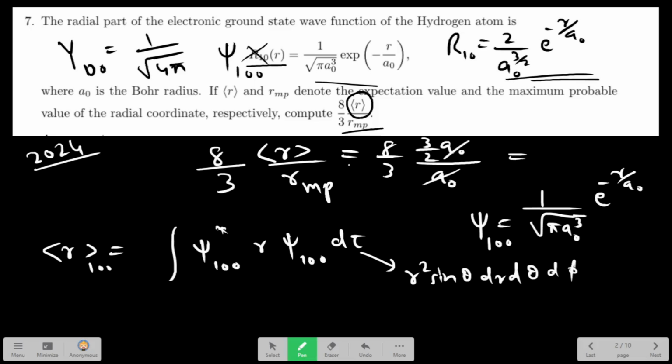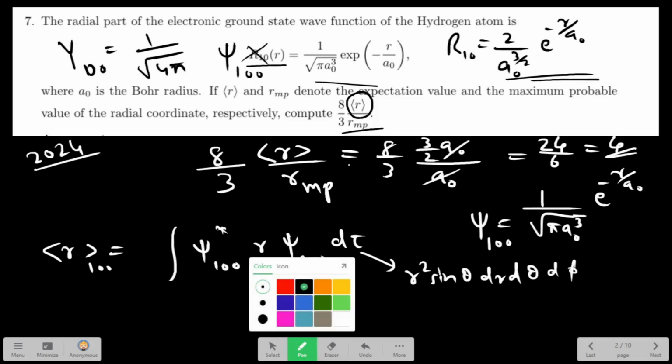So this is equal to 24 divided by 6, which is equal to 4. So the correct answer here is 4. 8 by 3 times the expectation value of R divided by the most probable value of R is equal to 4 in the ground state of hydrogen atom.